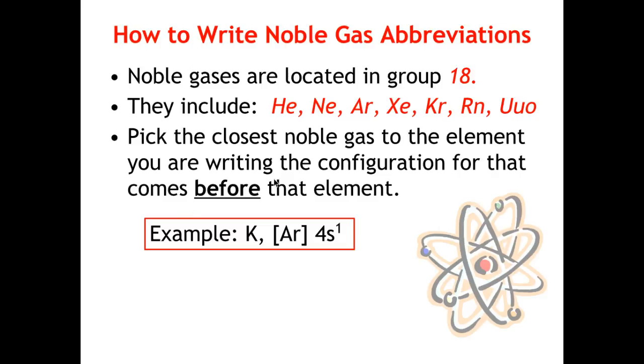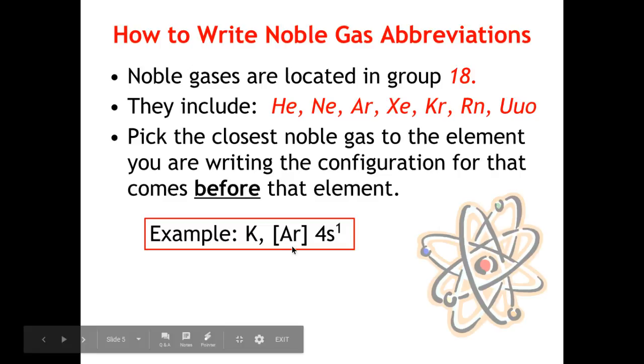We would write the element symbol Ar. We'll put brackets around that, and that represents all the electron configuration up to argon. Then we're going to keep going like reading a book on the periodic table and put 4s1, which is potassium, and this is the shorthand or noble gas abbreviation for potassium. A lot less to write, isn't it?